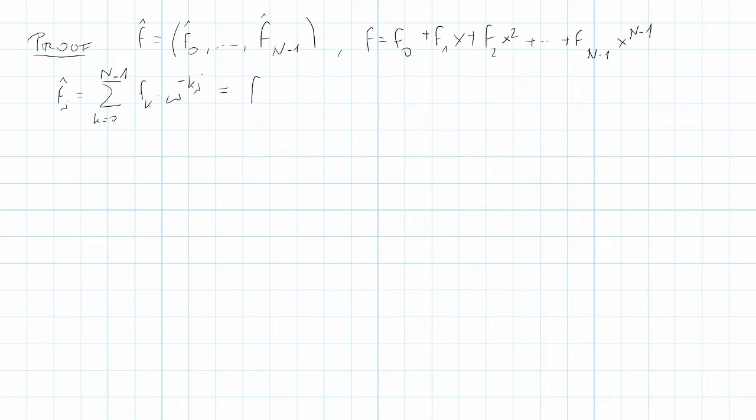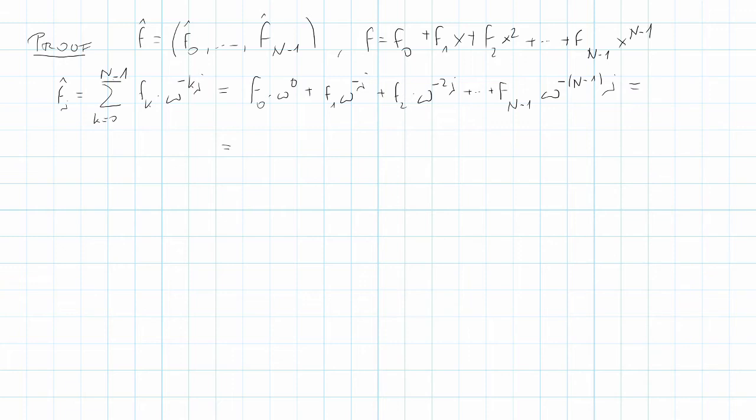First it's f0 times omega to the power 0 plus f1 times omega to the power minus j plus f2 times omega to the power minus 2j, and so on. The last one is fn minus 1 times omega to the power minus n minus 1 times j.